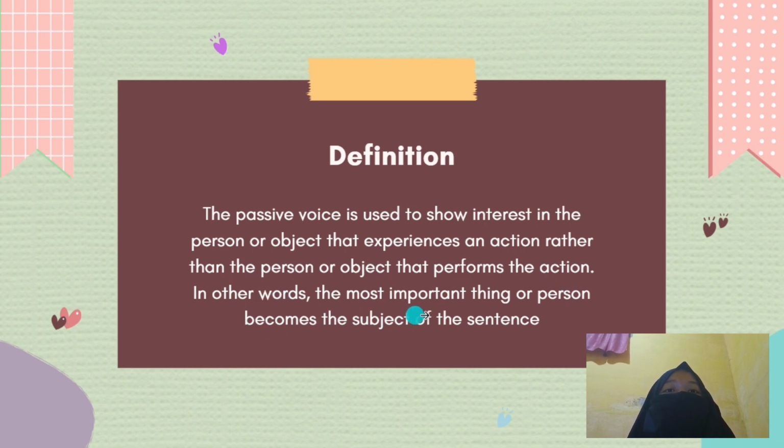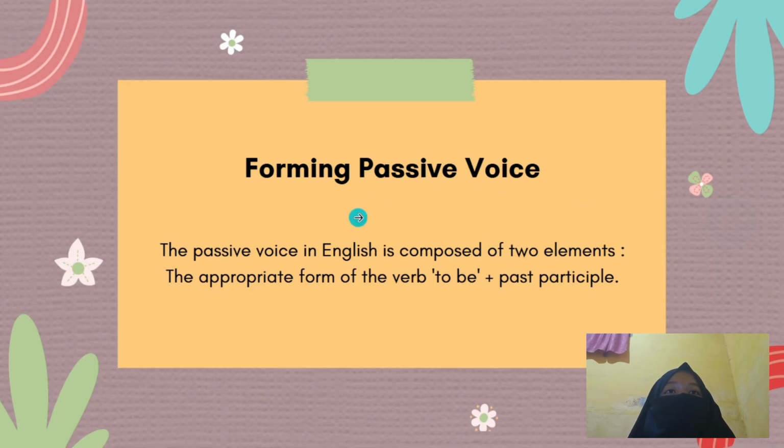In other words, the most important thing or person becomes the subject of the sentence. Forming the passive: the passive in English is composed of two elements, the appropriate form of the verb to be plus the past participle.